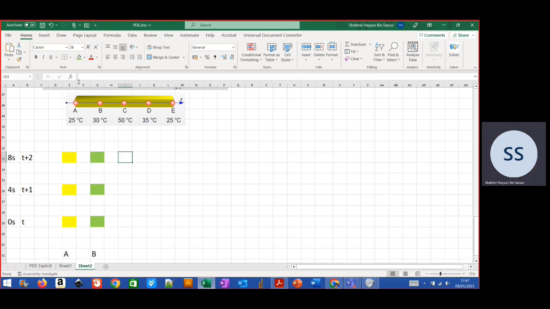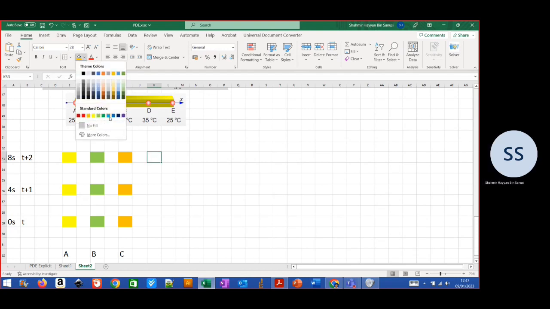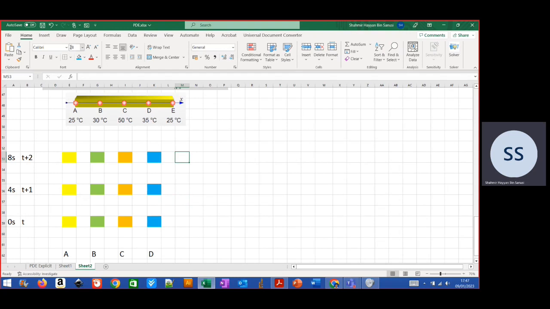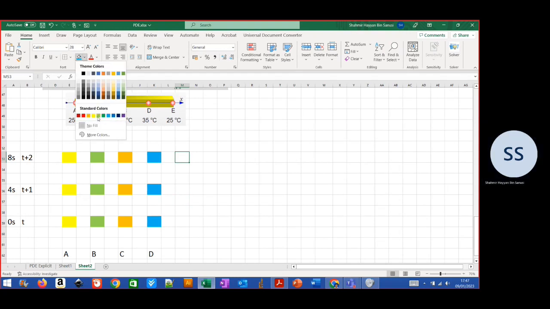And point C, and D, and point E, with purple.